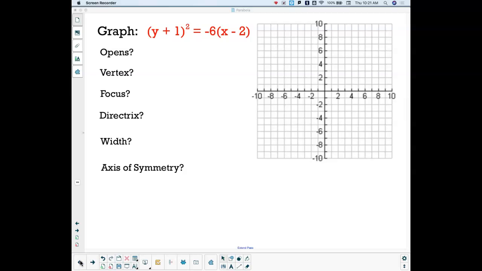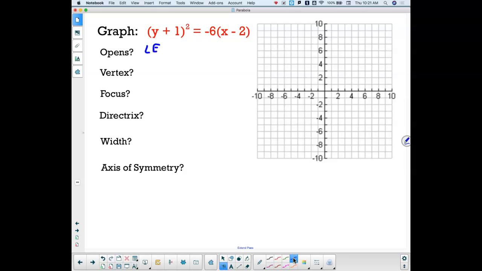Well, we're getting those divider things now, so you might not even have to. All right, so let's see. We've got a y squared with a negative coefficient. That's going to be a left open.